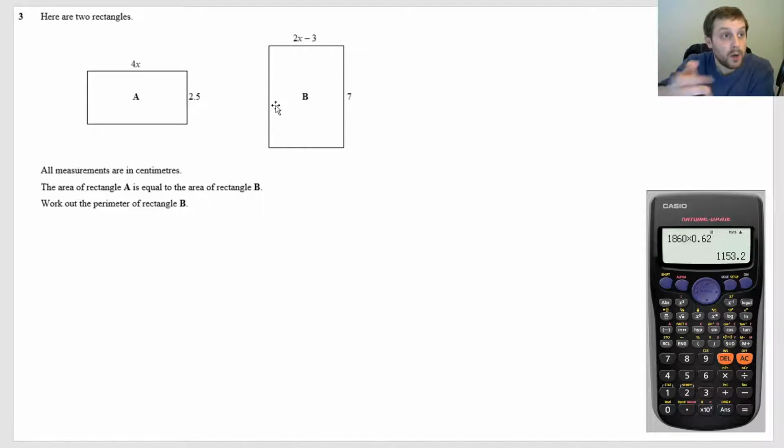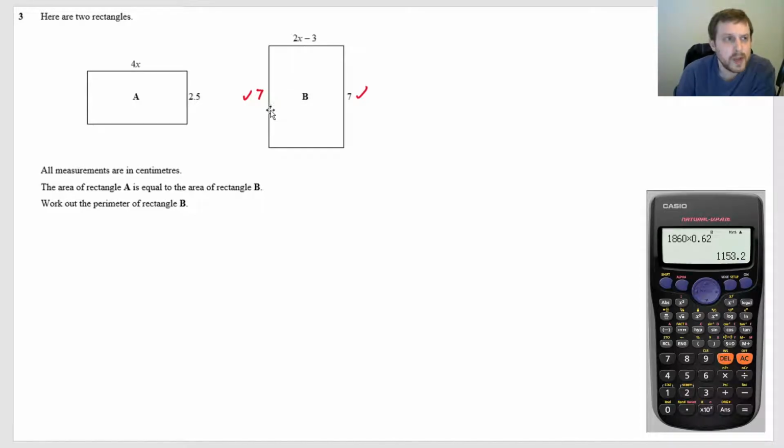So we're going to work backwards and see if we can work out what to do. We need all 4 sides. We've got this side, and we've got that side, and we've got this side as well. We know what that side is because it's a rectangle, so the opposite sides are equal. And we kind of have this side, but we don't know exactly what it is because we don't know what x is.